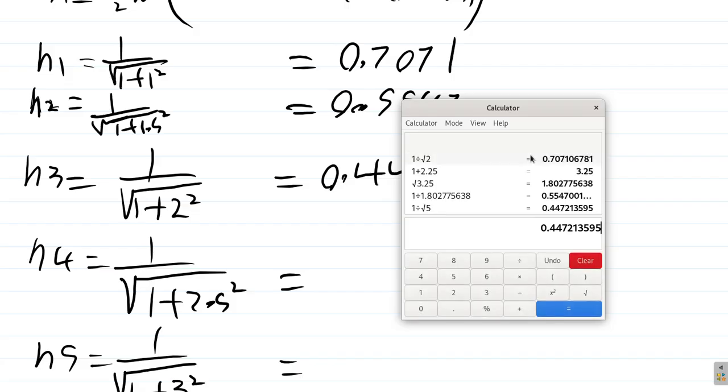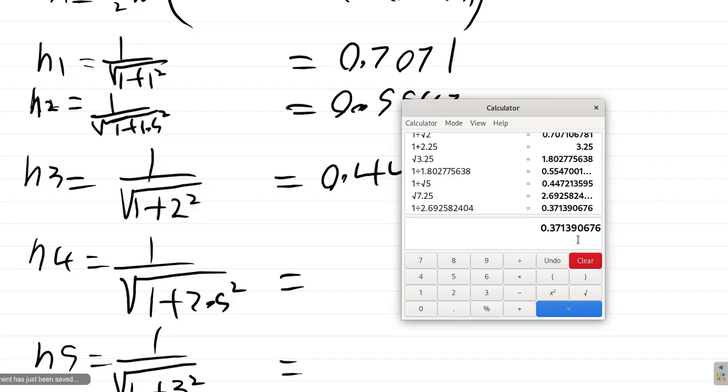This one now is 1 over the square root of 1 plus 2.5 squared. 2.5 squared is 6.25. So this is 6.25 plus 1. That's going to be 7.25. The square root of 7.25 equals that. 1 over that equals 0.3714.